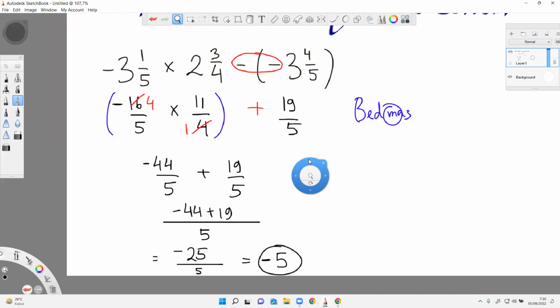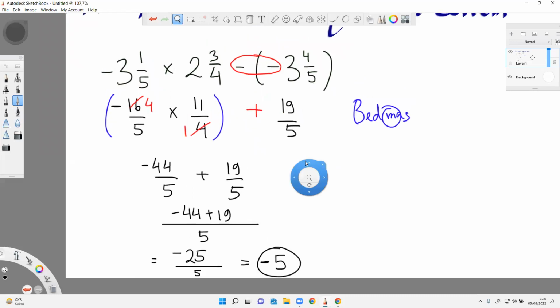The hardest part actually is to do the word problem, guys. Right? The word problem, you need to think what you have to do, whether you add, whether you subtract, whether you multiply, whether you divide.